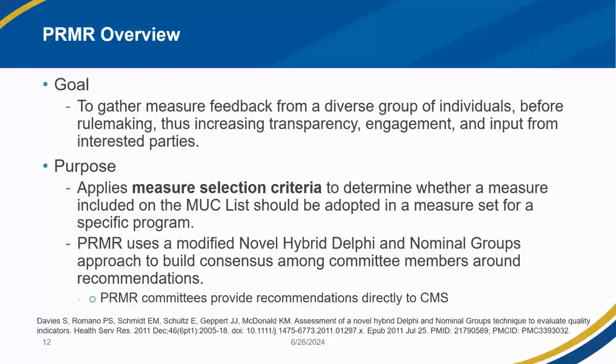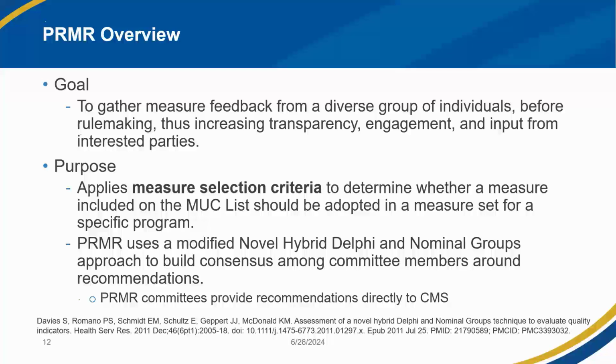That way we have an extra layer of feedback before rulemaking, which of course helps to increase transparency and engagement, and gives us on the CMS side more feedback and input as we're considering which measures to propose into the program. Their purpose and direction is to apply the measure selection criteria that's been outlined, that everyone has had a chance to weigh in on, to each measure included on the MUC list and make a recommendation on whether or not it should be adopted.